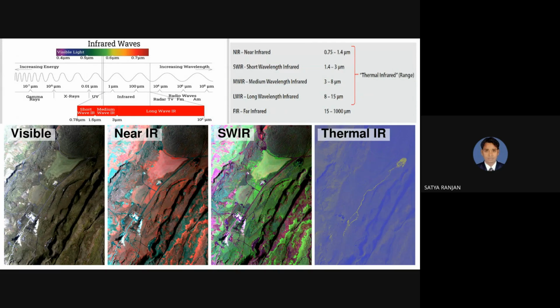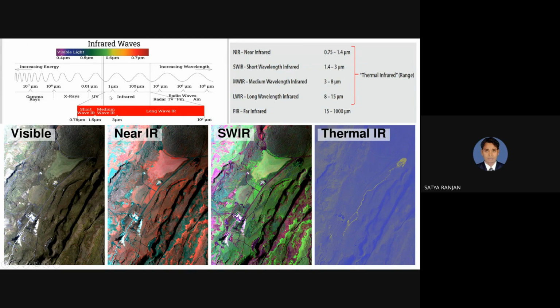Then I just show the increasing energy in the left direction. In the electromagnetic wave, the wavelength increases gradually from gamma ray, which has high frequency and low wavelength. Then X-ray, then wavelength increases to ultraviolet, then to the visible range.